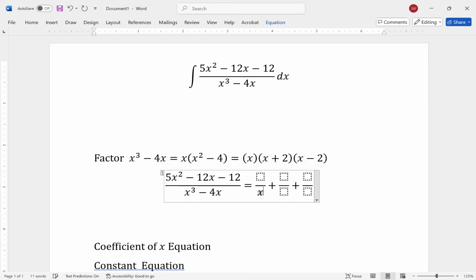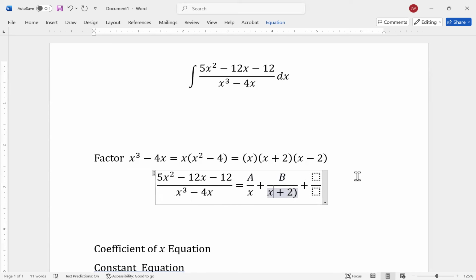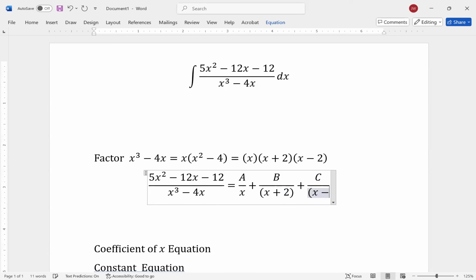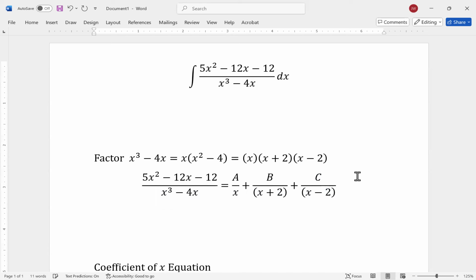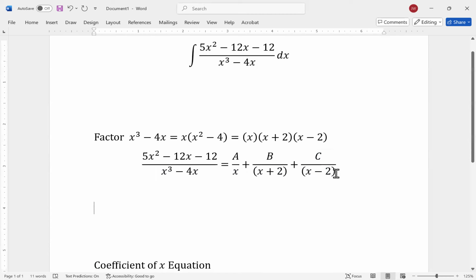So I'm going to take A over x, B over x plus 2, let me put that in parentheses, and then I'll use a new letter, C over x minus 2. This is different than the plus C we'll add on at the very end, so hopefully that doesn't throw you off.